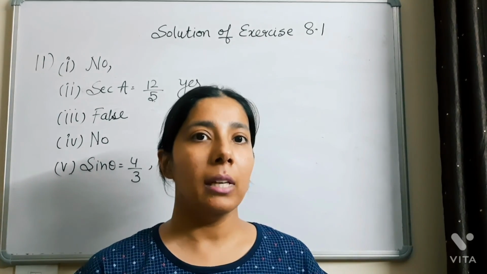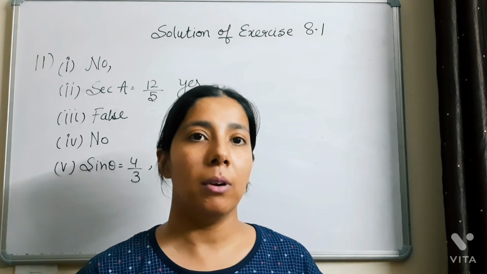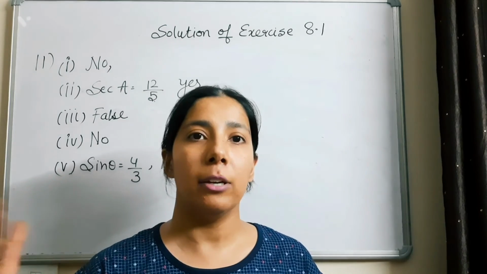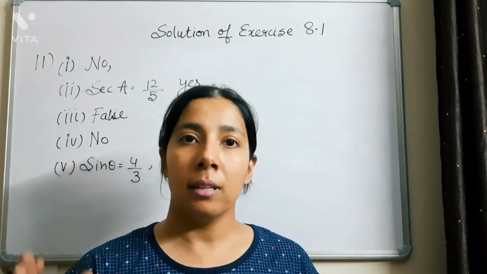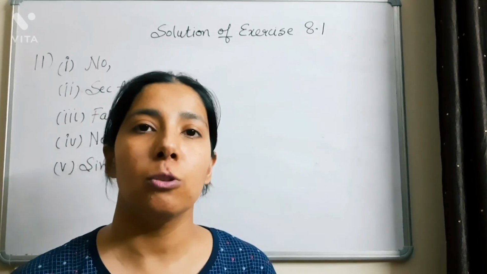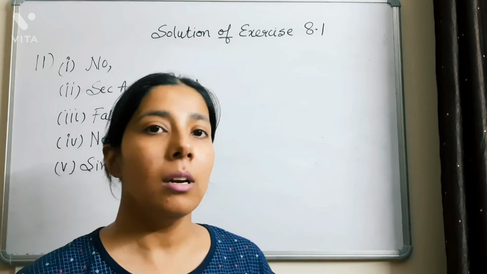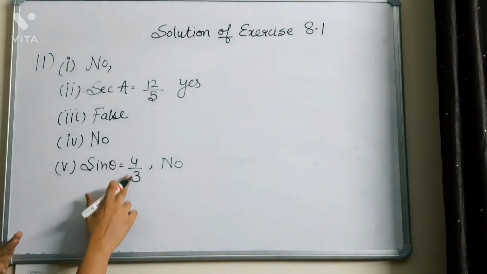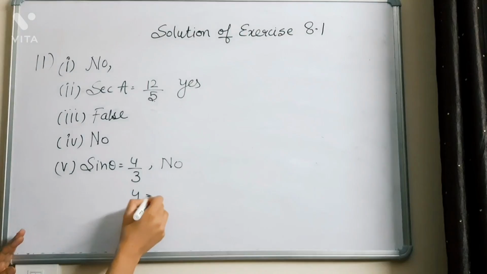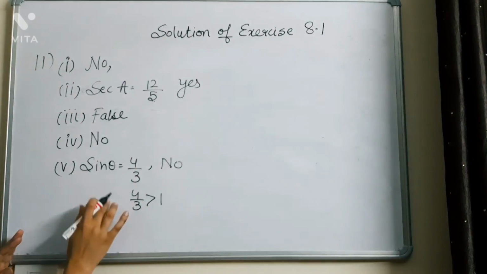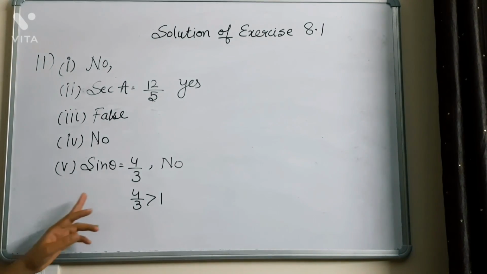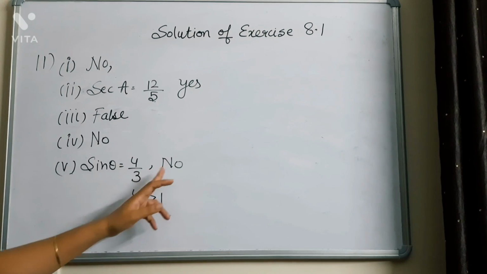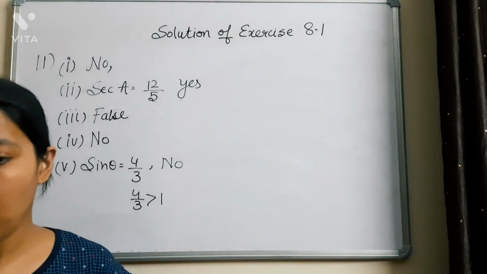Sin theta cannot take values beyond -1 and 1. It cannot go to -2 and 2. So the statement sin theta is equal to 4 by 3 is wrong because 4 by 3 is greater than 1, which is not possible in the case of sin theta. It's no.